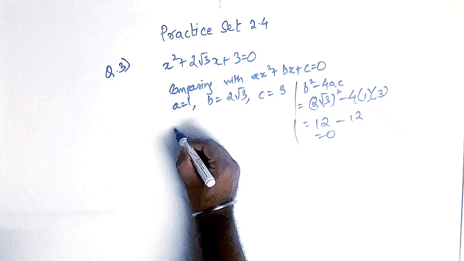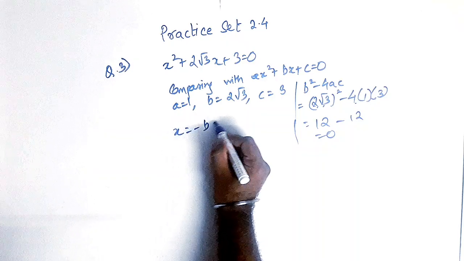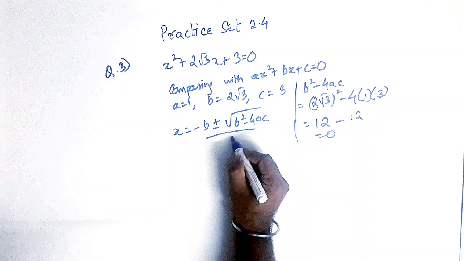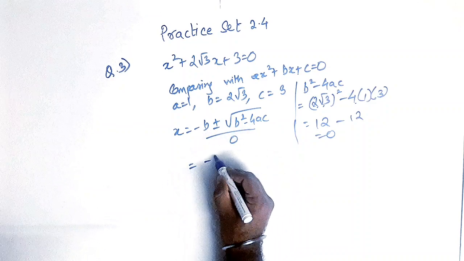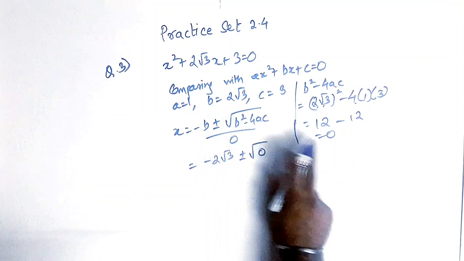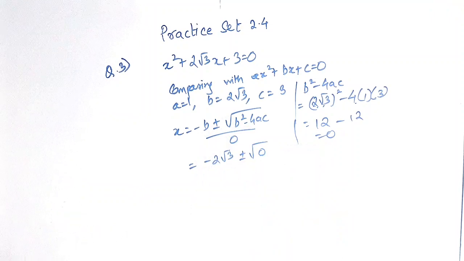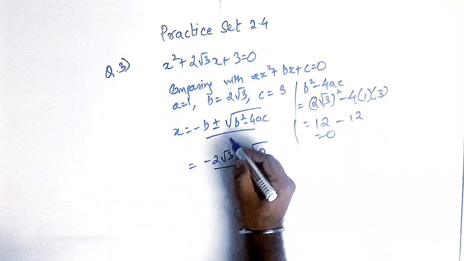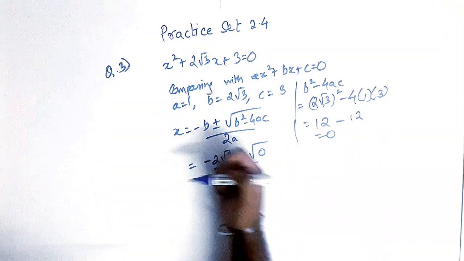Okay, so I'll write the formula here, minus b plus or minus root b square minus 4ac upon 2a. So minus b is minus 2 root 3 plus or minus, this will become 0, b square minus 4ac is 0. Oh, beg your pardon, this is 2a, where was I?